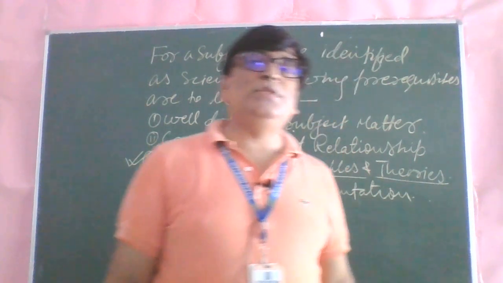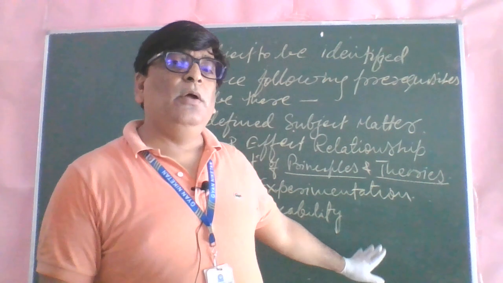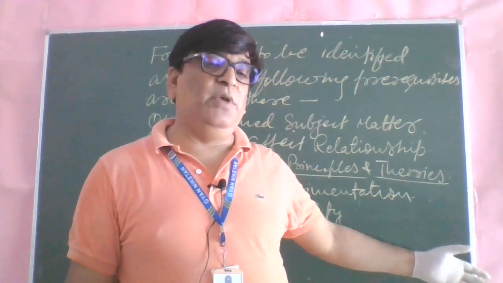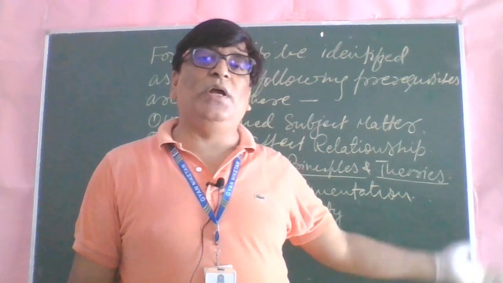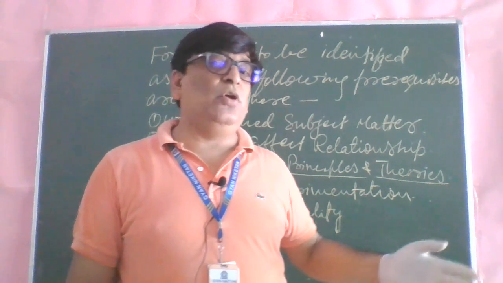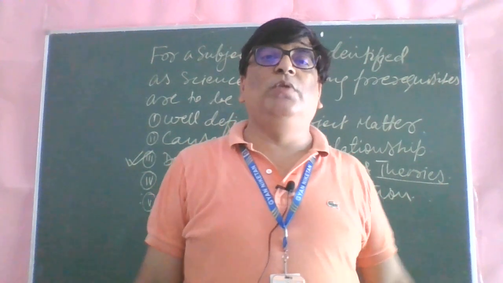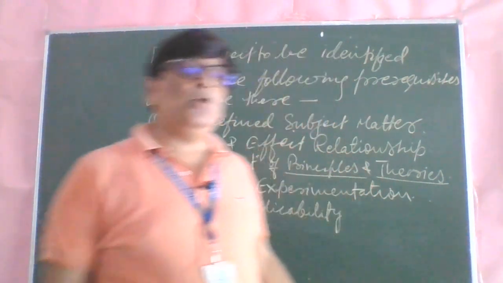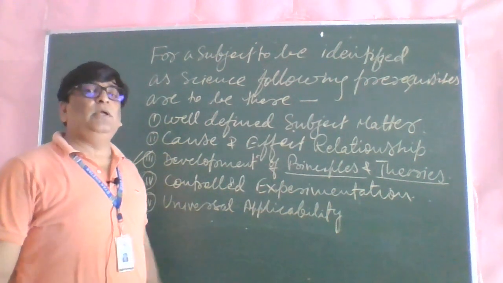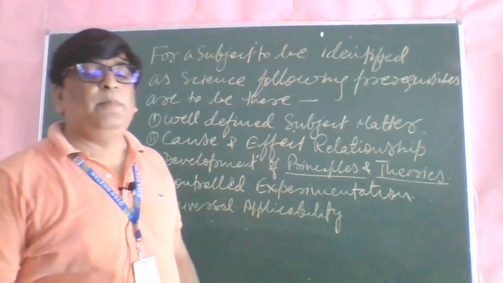So what we say about universal applicability is that if oxygen and carbon are mixed, you get CO2, and if you mix hydrogen and oxygen, you get water in the same particular proportion. It is not that in India you get water and in America you get diamond. No, you get the same thing. As far as universal applicability in economics is concerned, to some extent it is there, but there is variation.